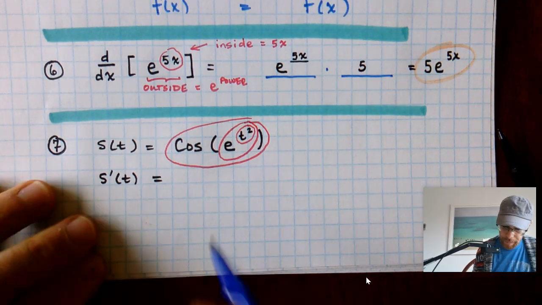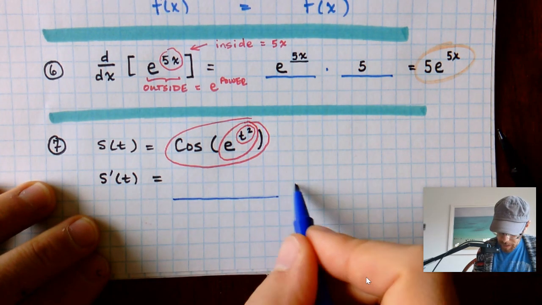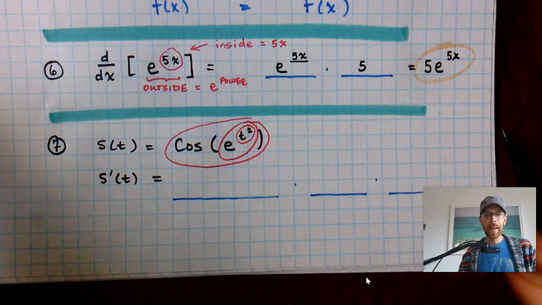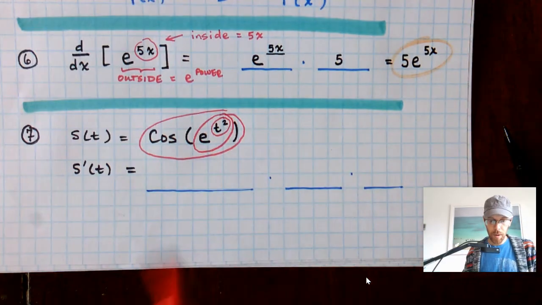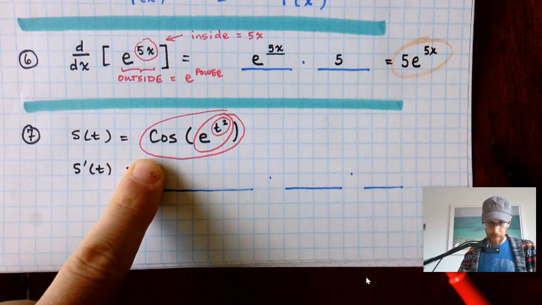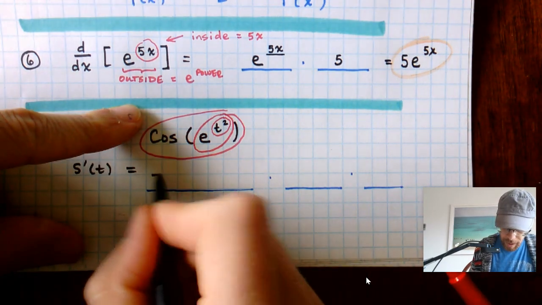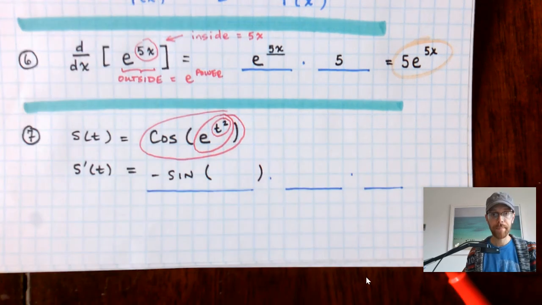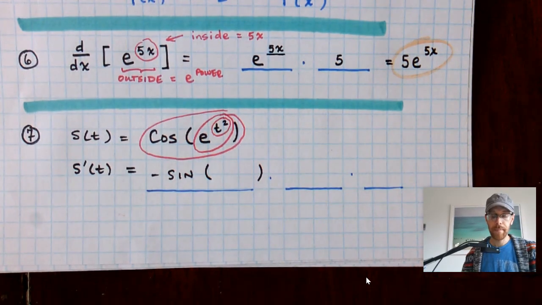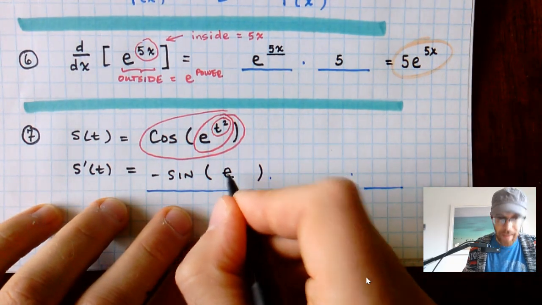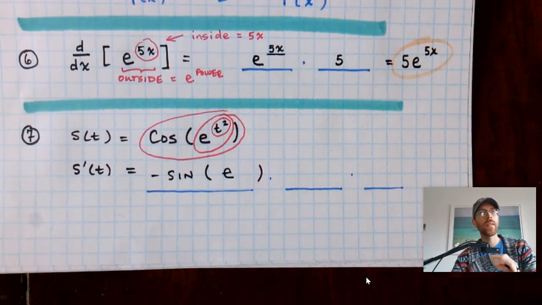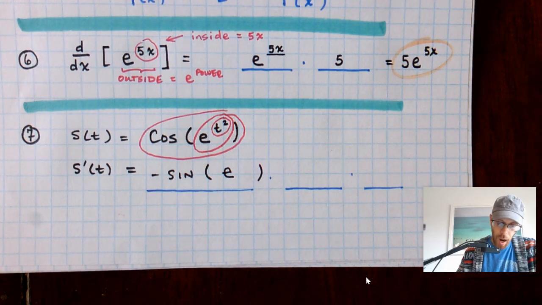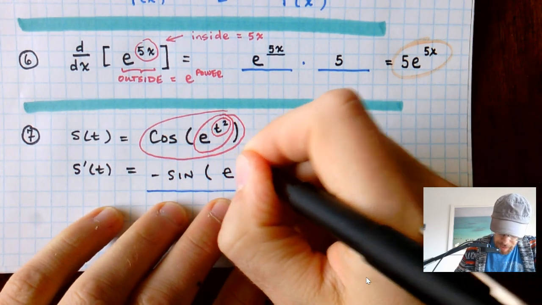So I'm going to write something times something times something. And we start with the cosine. Well, the derivative of cosine is negative sine of something. That something is e to the t squared.